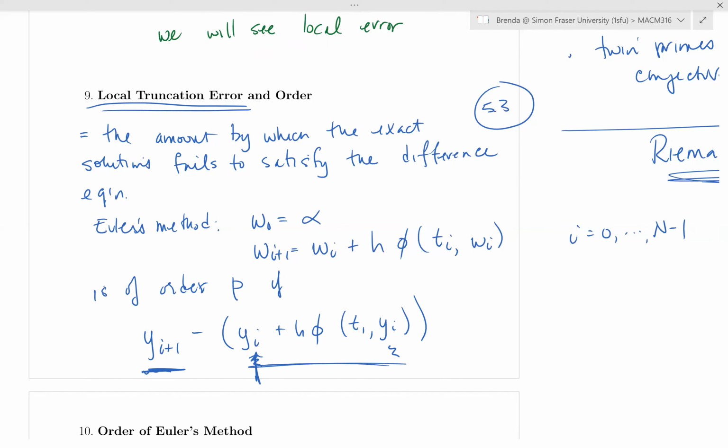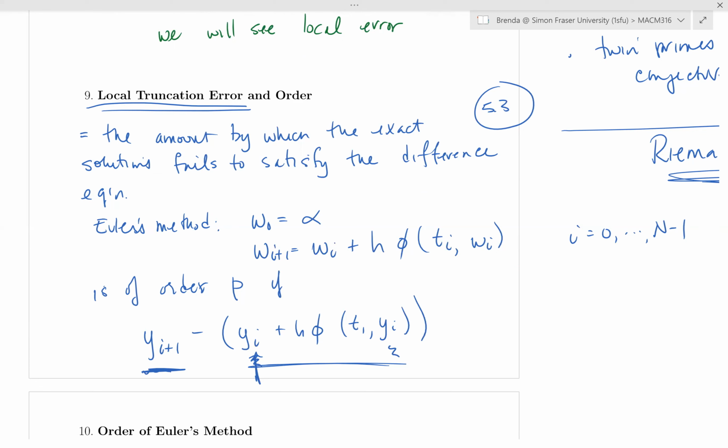It's just like, what goes wrong if I know exactly the answer at time i, and I use that to approximate the next time step, and then I subtract the exact answer. It's just that local step, like how badly has it gone wrong in one step.